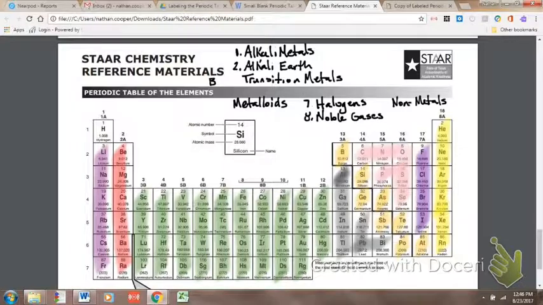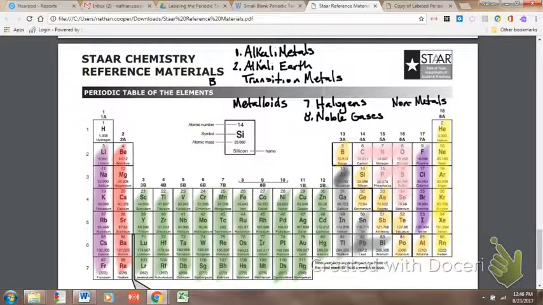And then the next group, nitrogen, phosphorus, and arsenic, those are going to have 5 valence electrons. Then the oxygen nonmetals in that column are all going to have 6, and then the halogens all have 7. And then be careful with the noble gases. Most of them have 8 valence electrons, except for helium, which only has 2.